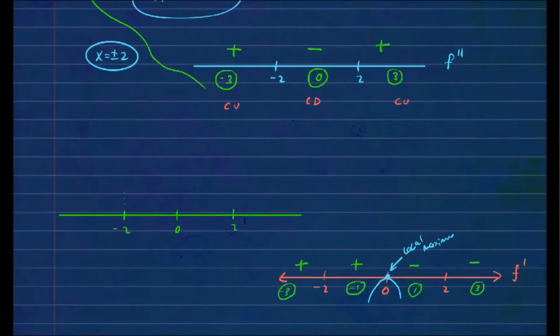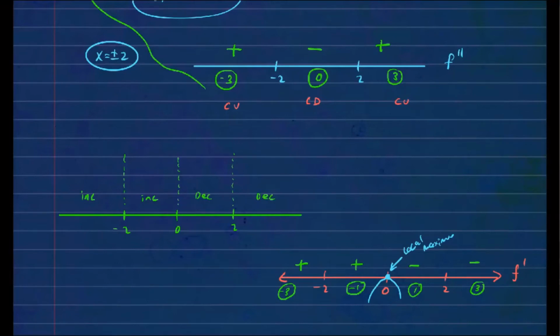So let's split this up. And then we saw that it's positive to the left of negative 2. So here it's increasing. And then this is also increasing. And then from 0 to 2, that's negative, so it's decreasing. 2 to infinity, this is also decreasing.